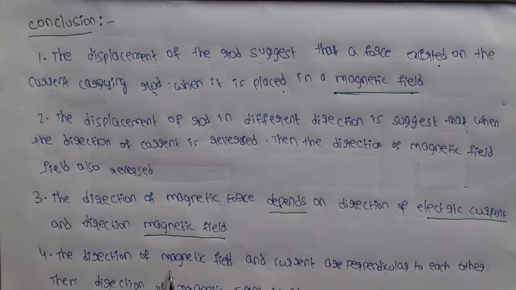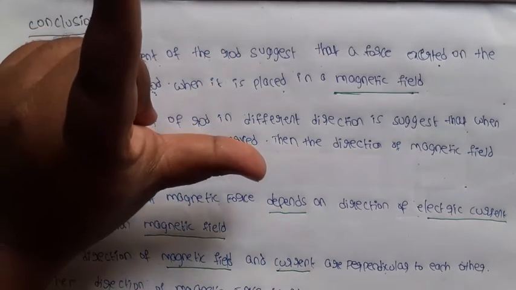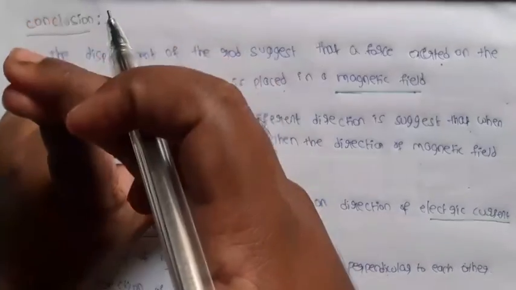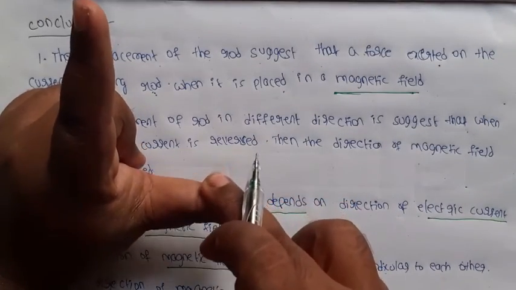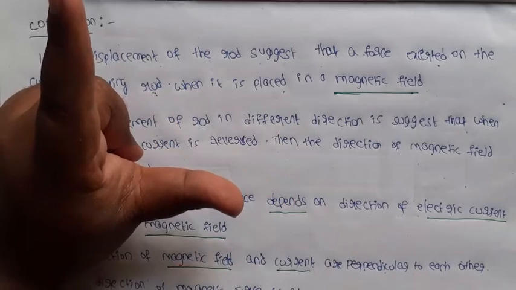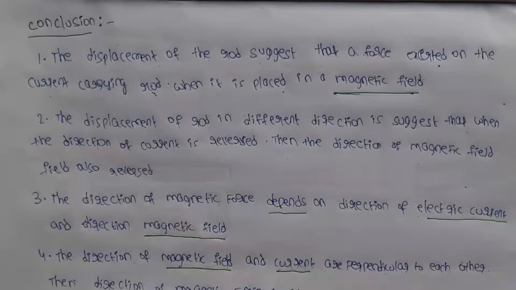Here, first of all, the magnetic field and current are perpendicular to each other, like this. For example, this is the current direction, this is the magnetic field direction. These two are perpendicular to each other. Next, the direction of the magnetic force is also perpendicular to both of them.